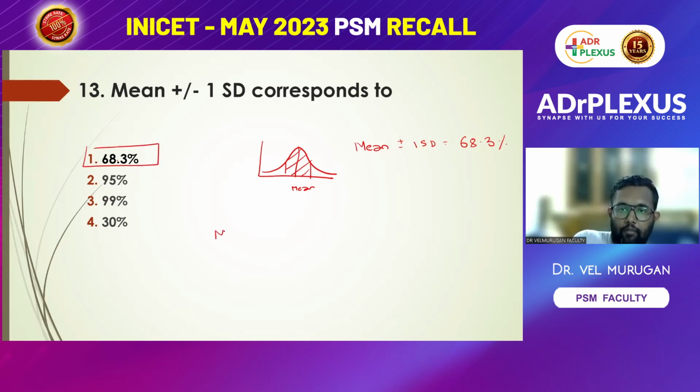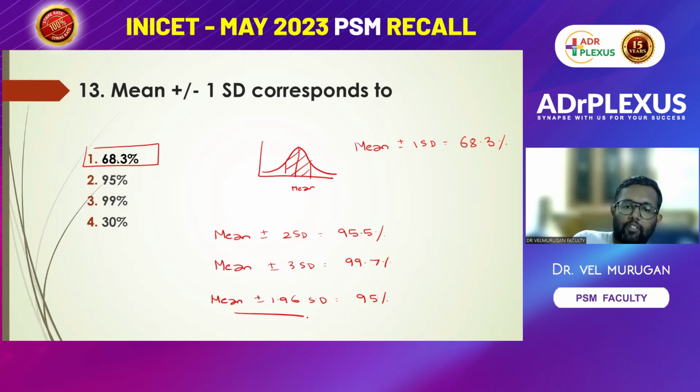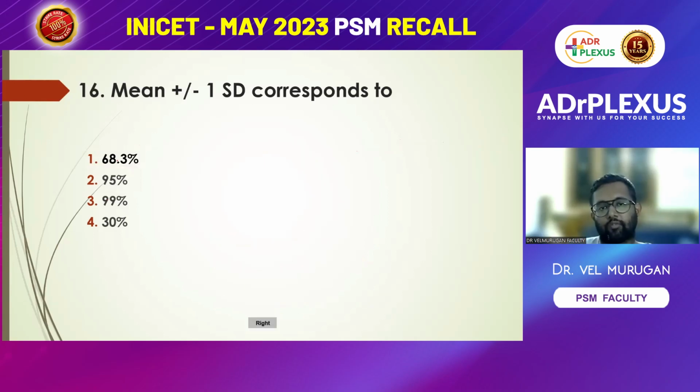Then mean plus or minus 2 standard deviations, and plus or minus 3 standard deviations, 99 plus. Mean plus or minus 1.96 standard deviations corresponds to exactly 95%.